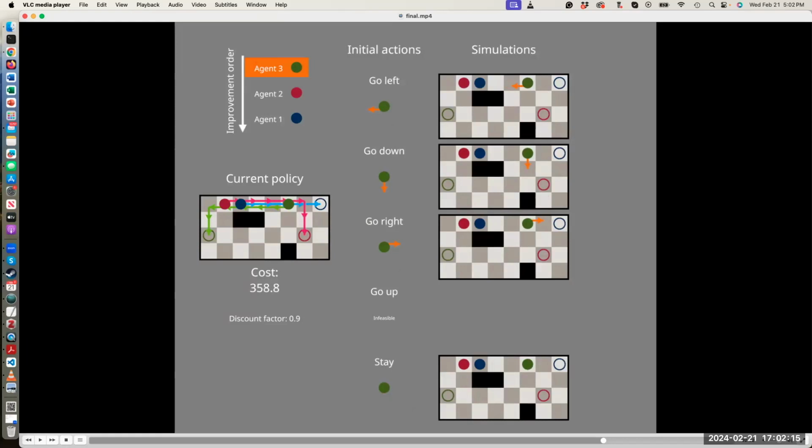4 feasible actions. Try out all 4 different actions. All of a sudden, we see this is the case where no one gets involved in a collision. So apparently agent 3 is the troublemaker in the previous case. And we already find feasible paths for all agents.